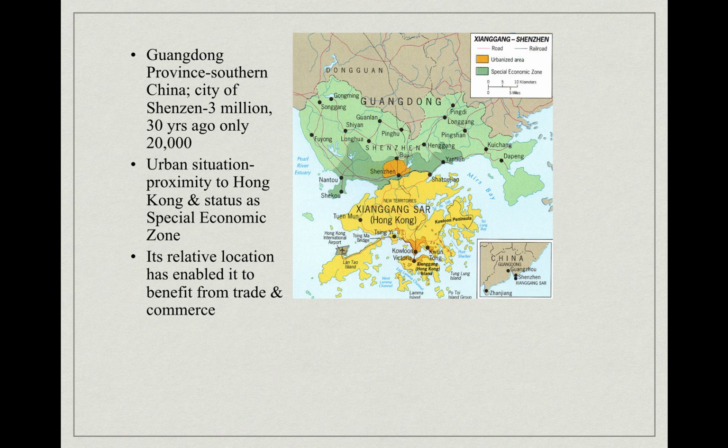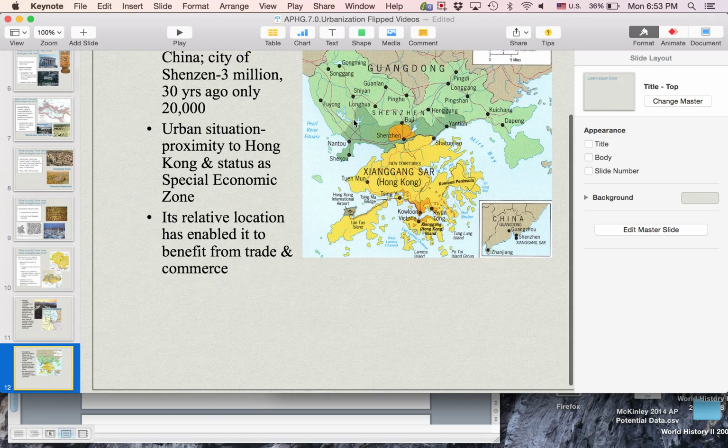Another example is Guangdong, I'm sure I just mutilated that pronunciation, a province in southern China. Its urban proximity, you can see the access to Hong Kong, the special economic zone. I'm going to use the arrows here. You can see down in Hong Kong, then you get the access to the surrounding regions.